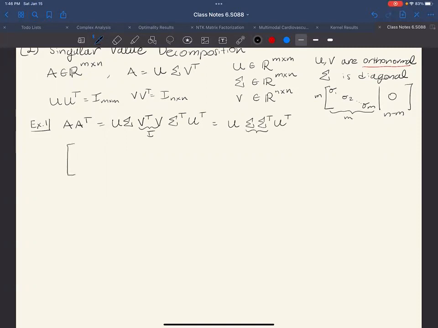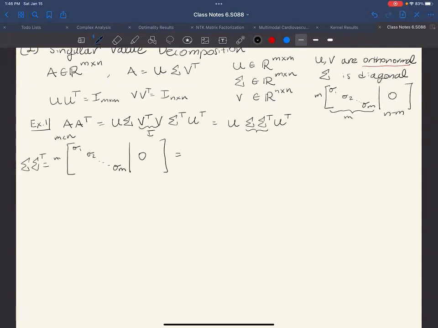Let's again consider the case that M is less than N. So here we have M eigenvalues here. And this is sigma, sigma transpose. And then if we transpose this matrix, we of course have an N by M matrix, where I'm going to have sigma 1 up to sigma M, and then 0.